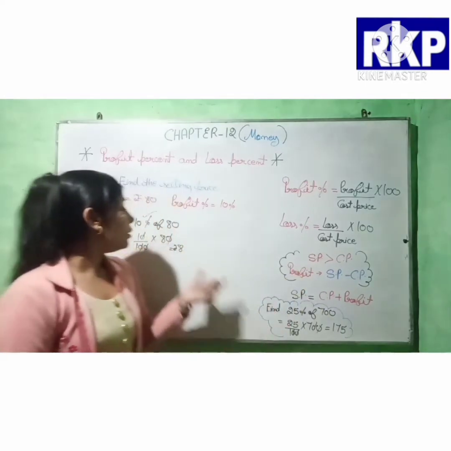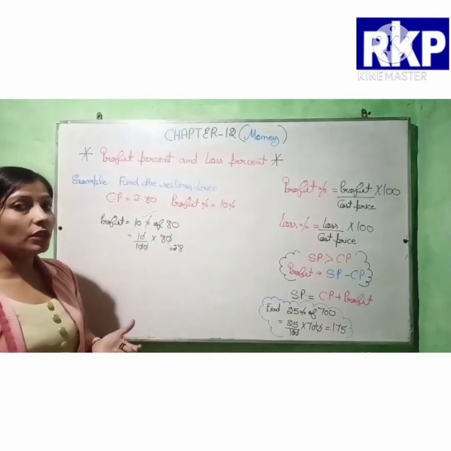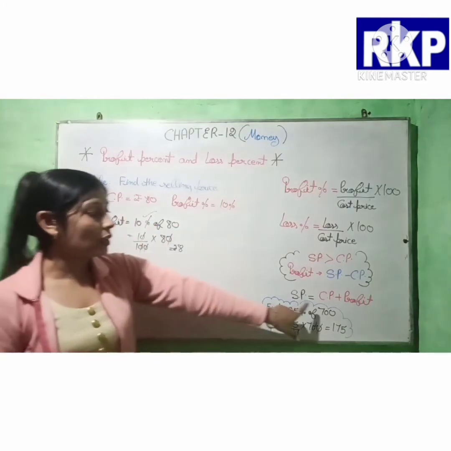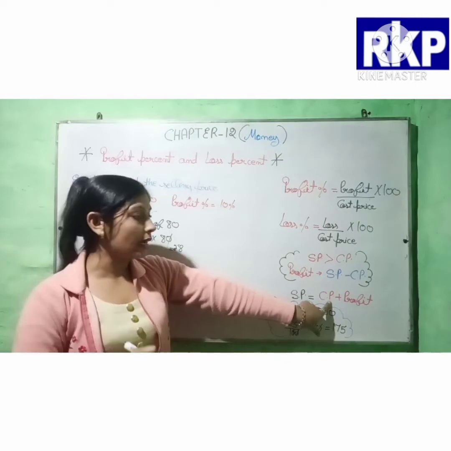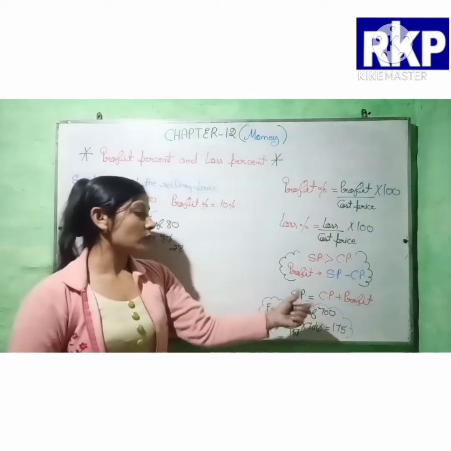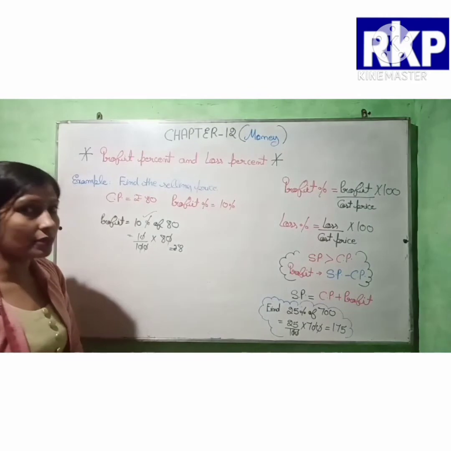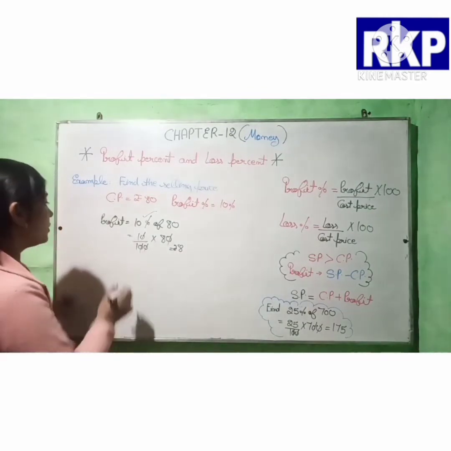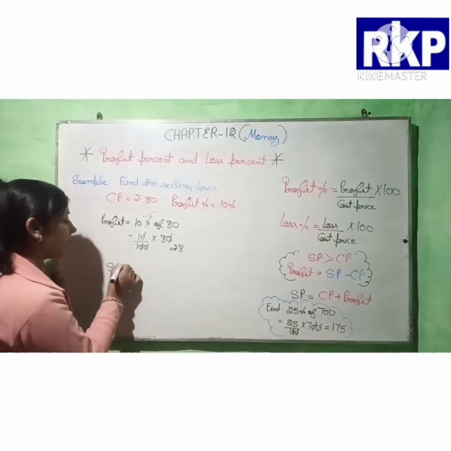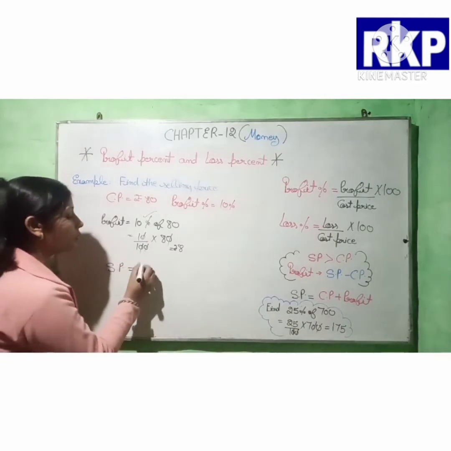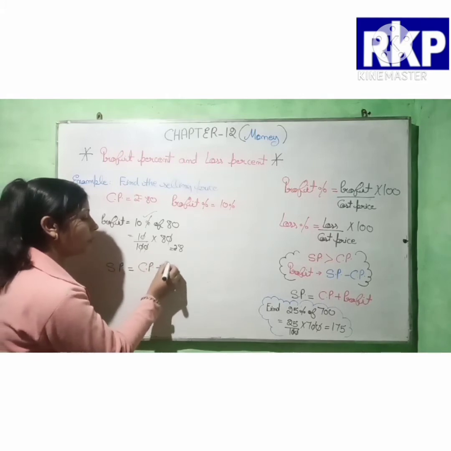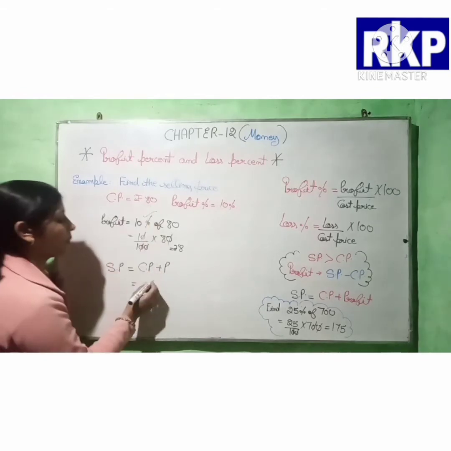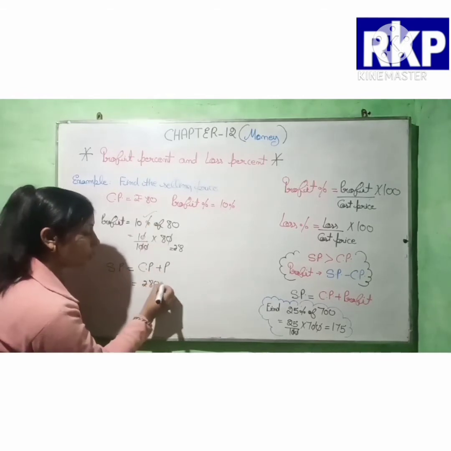So to find out selling price we need to add profit to cost price, because in the case of profit selling price will be greater. So now we have to write selling price is equal to cost price plus profit. And what is the cost price? Yes, 80 rupees is the cost price.